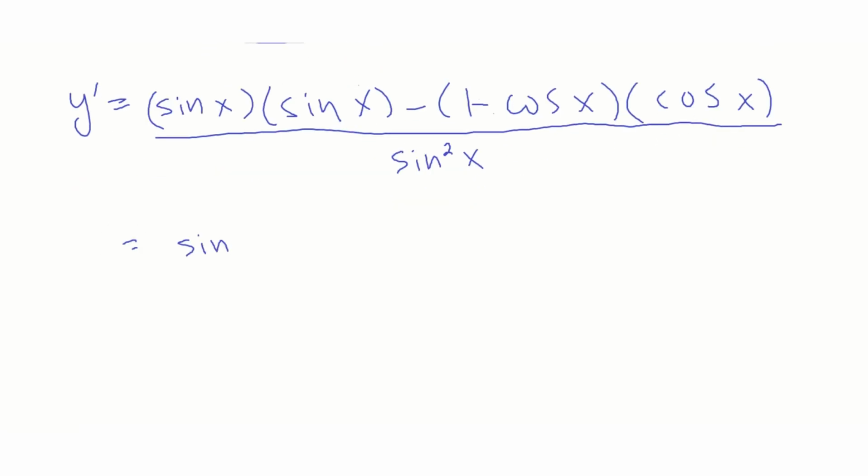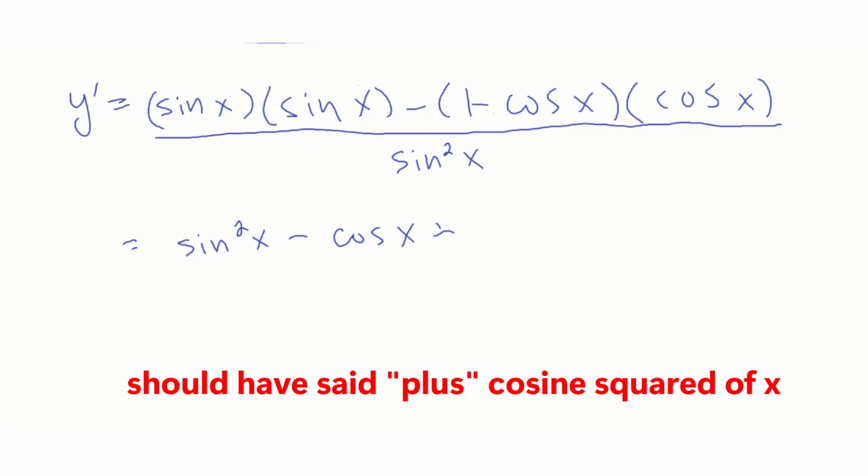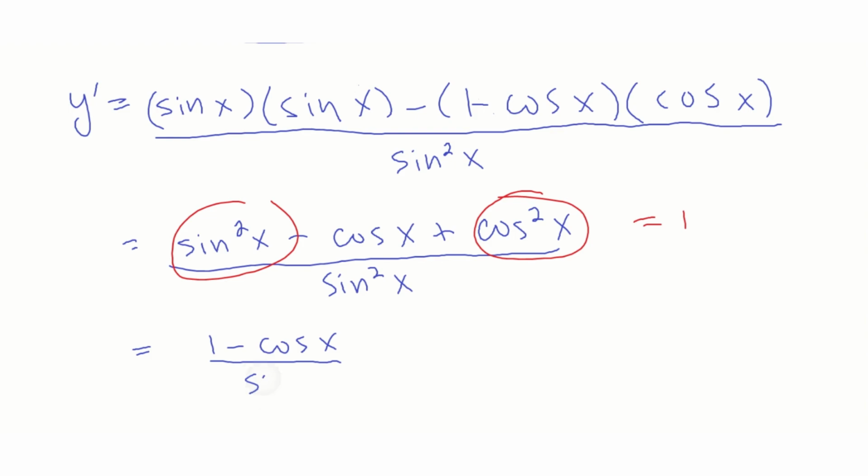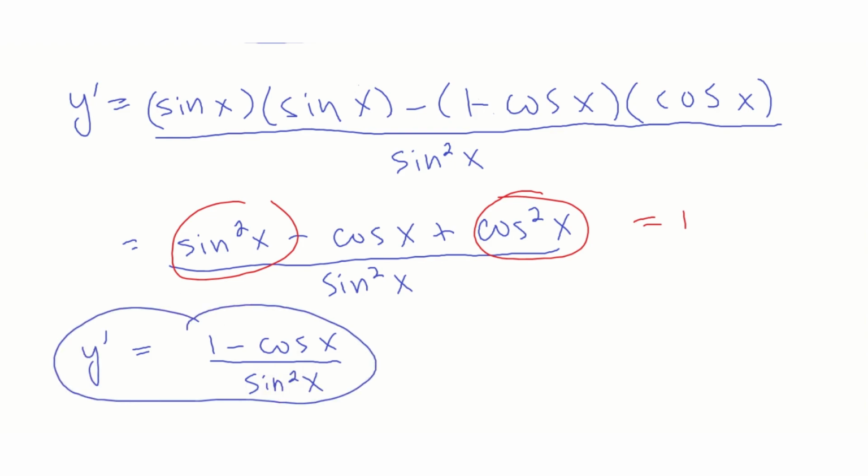This simplifies to sine squared of x minus cosine of x minus cosine squared of x, all divided by sine squared of x. From our trig identities, sine squared plus cosine squared is 1. So the numerator becomes 1 minus cosine of x. So there's the derivative of the first form.